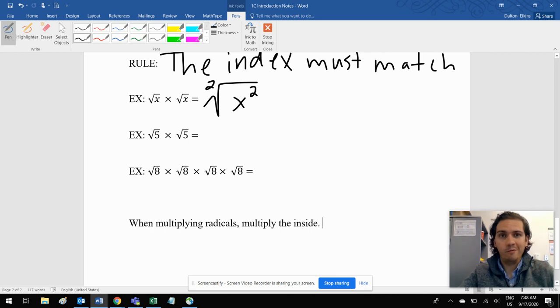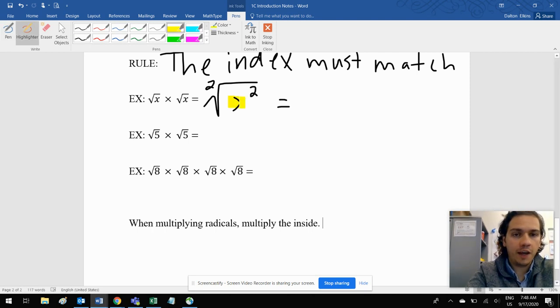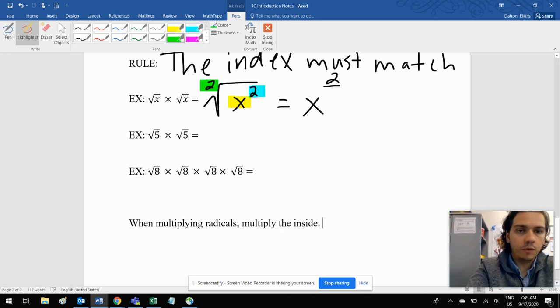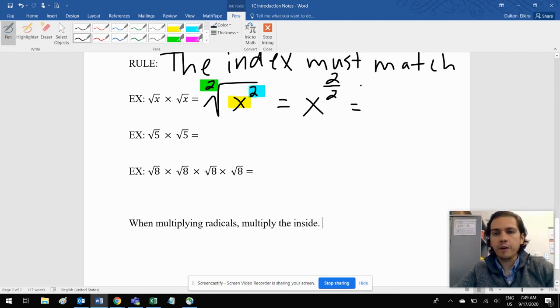We learned in 1B how to rewrite this in exponential form, where you take the base, which is x, and then raise it to the power over the root. Real quick, 2 divided by 2 is something we can reduce, right? 2 divided by 2 is 1.